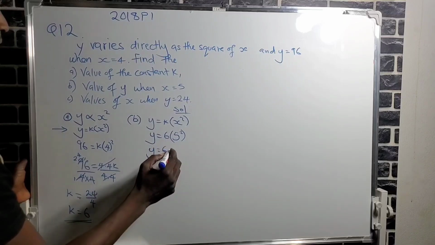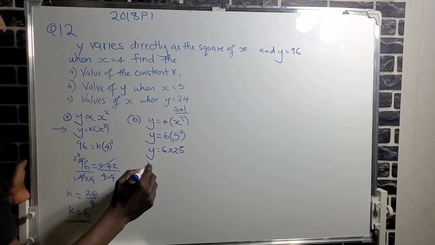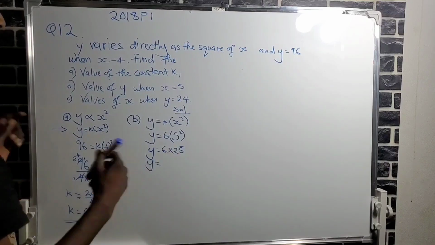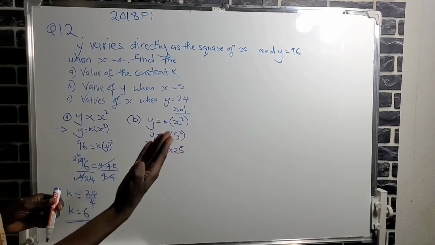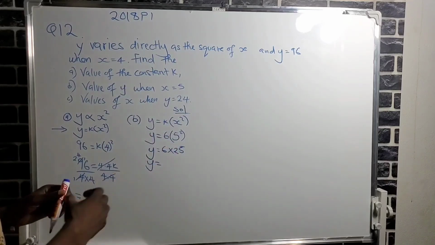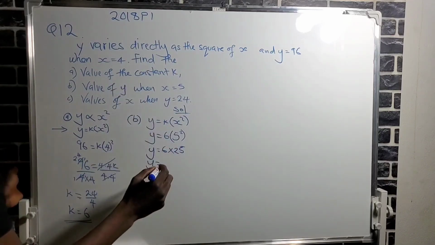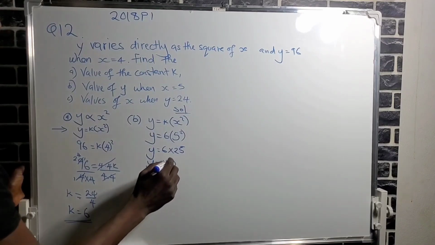So this one is just 6 multiplied by 25. 25 multiplied by 2 is 50. By 4 is 100. By 6 is 150. So y is equal to 150.